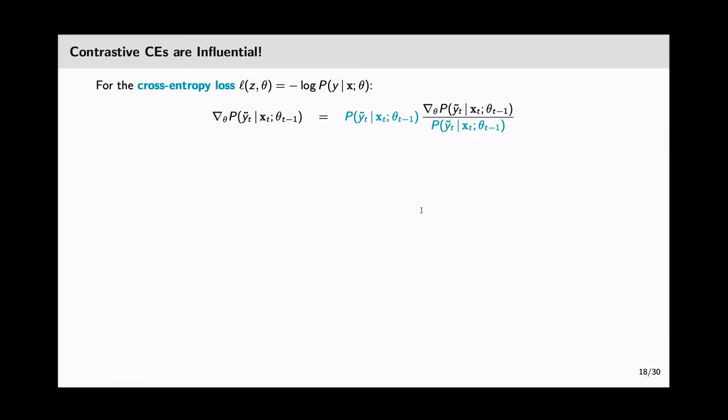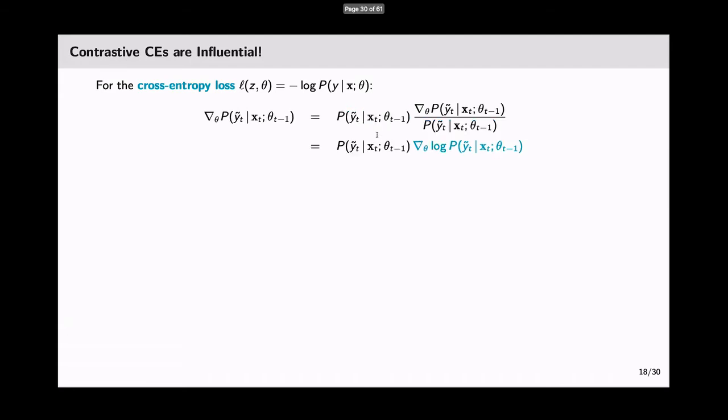What about the second requirement, which is that we want a counterexample that is influential? If we train our model by minimizing the cross entropy loss, it turns out that by rearranging this formula that we have seen before, by construction, we obtain this quantity.